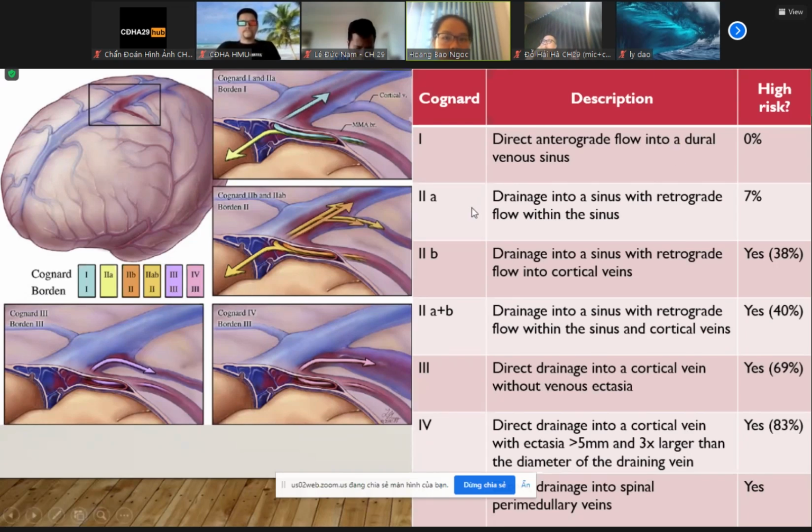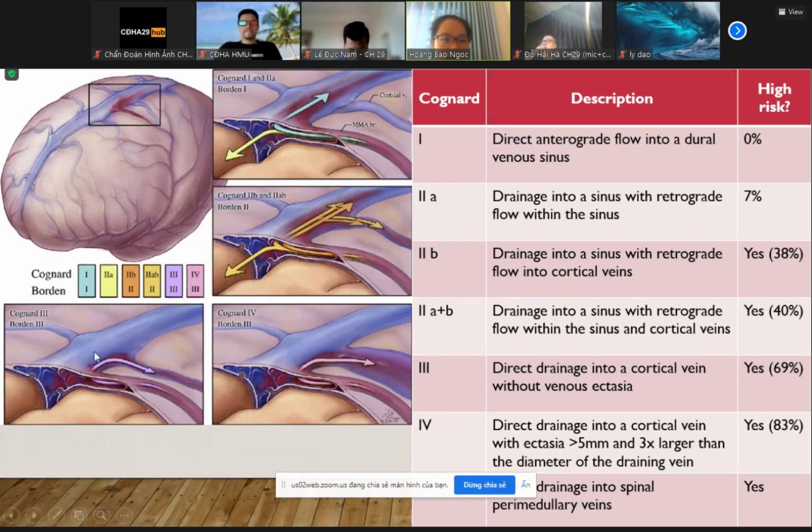For type 2A, there's a drainage into the sinus with a retrograde flow within the sinus. For Cognard 2B, with the orange arrow, there's a drainage into the sinus with a retrograde flow into the cortical veins. For 2A and B, there's a combination of 2A and 2B, so there is a drainage into the sinus with retrograde flow within the sinus and cortical veins.